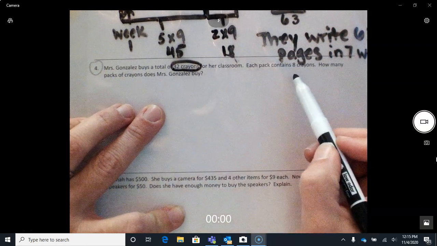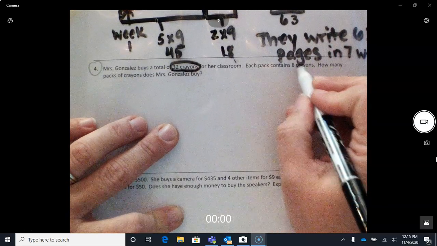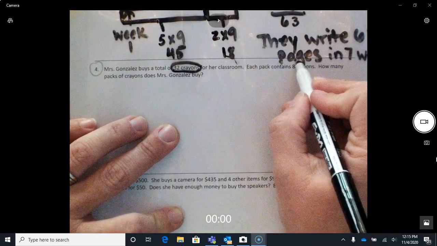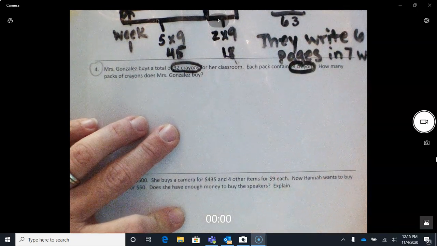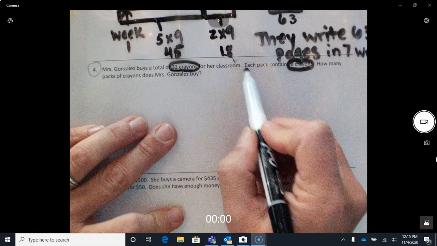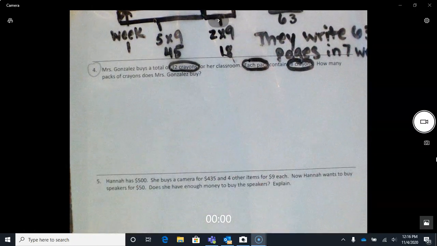Each pack contains 8 crayons. Okay. Oh, I got an 8. So I'm going to be circling 8. Well, 8 what? Yes, 8 crayons. So make sure you circle that number and your noun. And then I'm going to circle this each pack, because I think about crayons, they come in those yellow boxes, the pack of crayons, right?